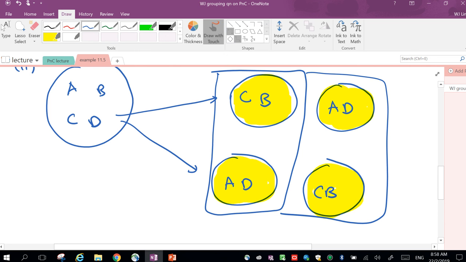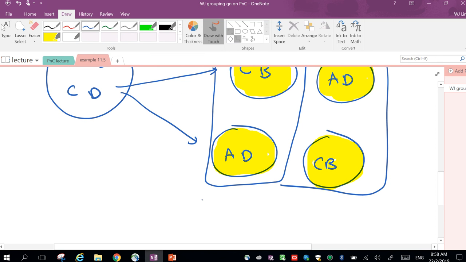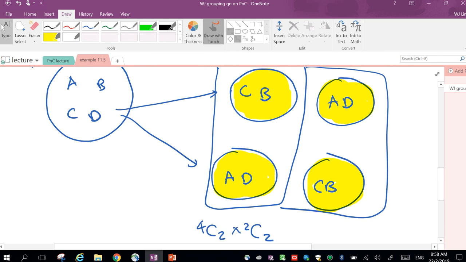Are they the same, right? Because your 4 choose 2 times 2 choose 2, you double count. I repeat again. Let's say one of the arrangements, you choose C and D, the yellow group. The left, A and B, is the other group, right? Also in the yellow group. I use color.